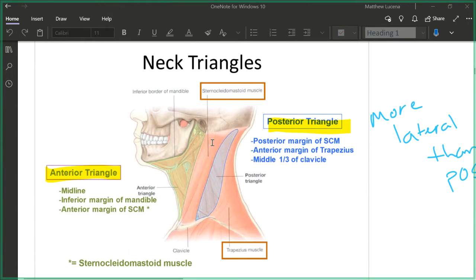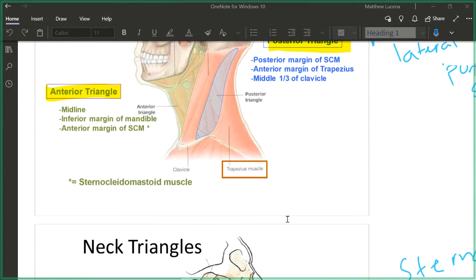The anterior triangle's borders are the midline, the inferior margin of the mandible down here, and the anterior margin of the SCM, right here. Your posterior triangle is the posterior margin of your SCM, the anterior margin of your trapezius, and the middle third of your clavicle, down here. Those are the borders of your bigger anterior and posterior triangles.